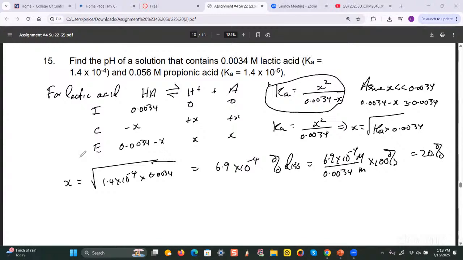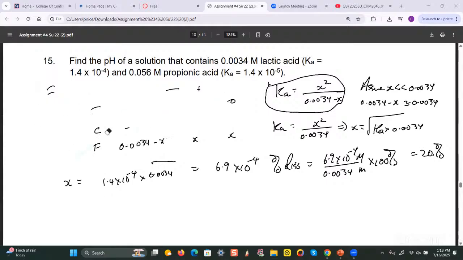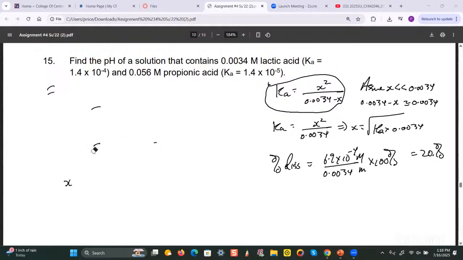So let me create some space here. Okay, so I'm just going to rewrite this equation here.